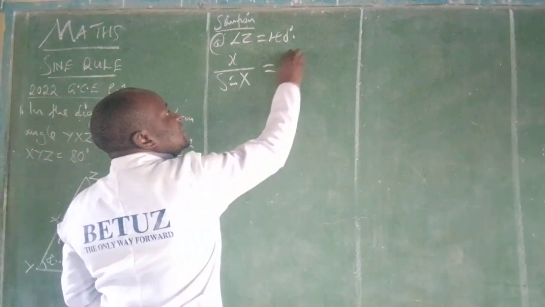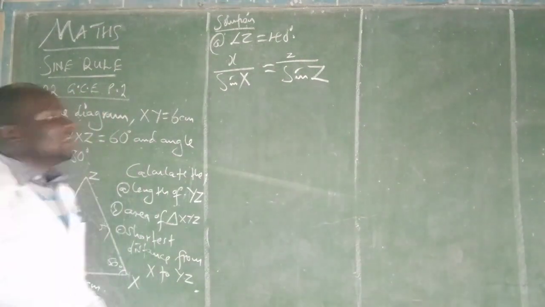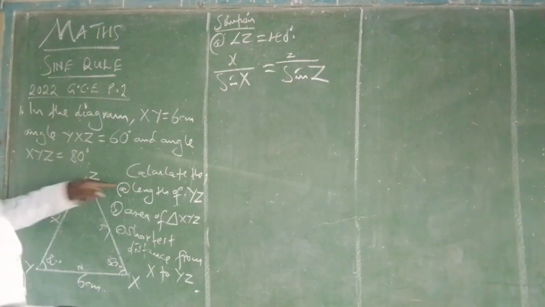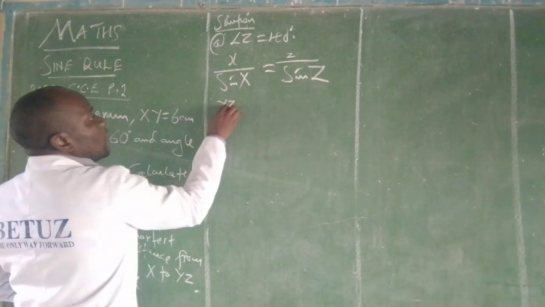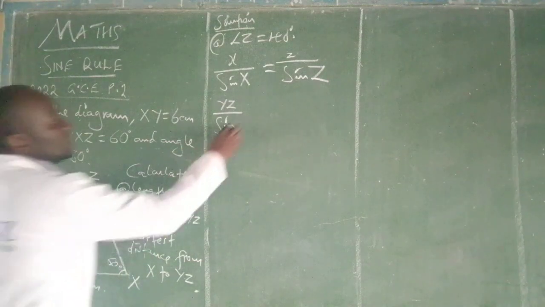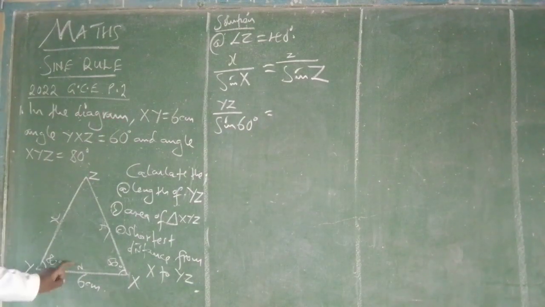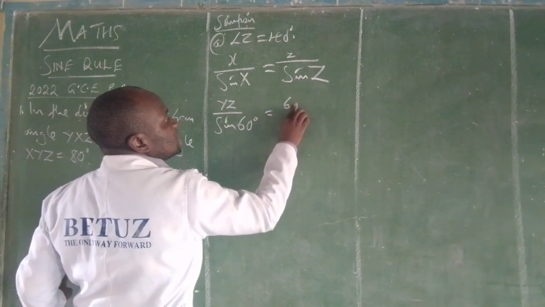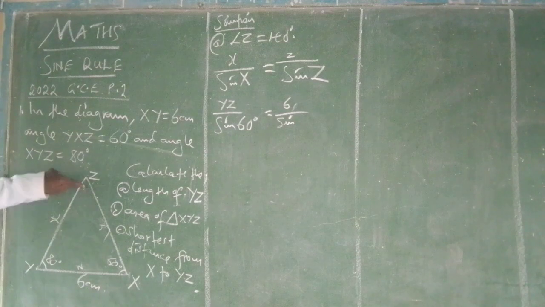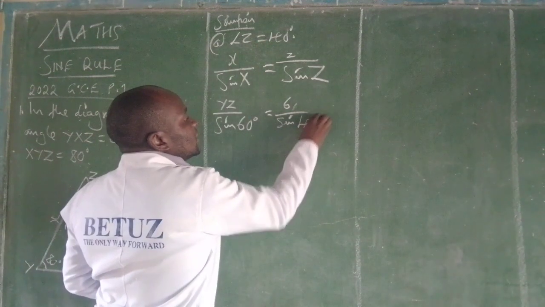So you're going to have z over sine angle z. And then we replace. So we're going to have x here, which is what we're finding, that is YZ, divided by sine angle x, which is 60 degrees, is equal to side z, we have 6 centimeters divided by sine angle z, which is 40 degrees.